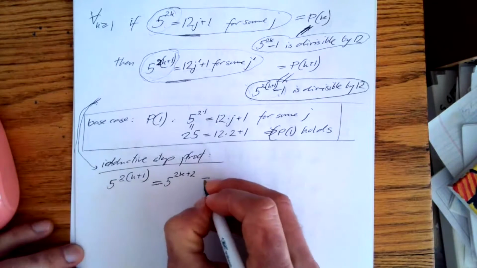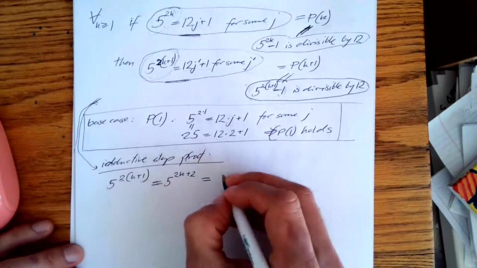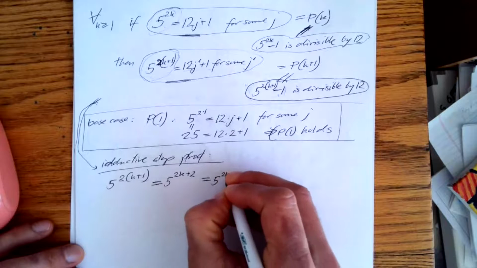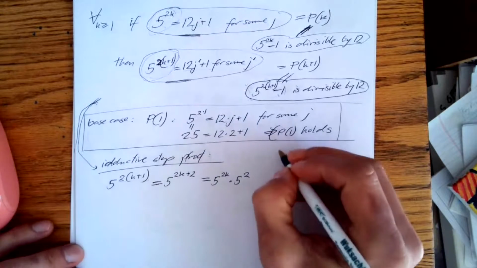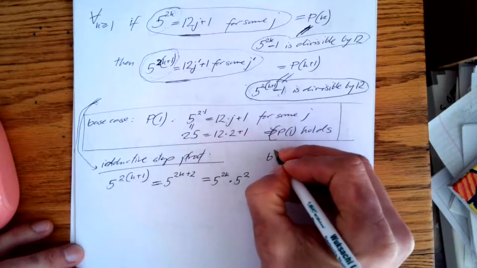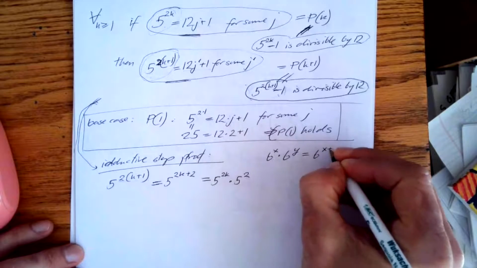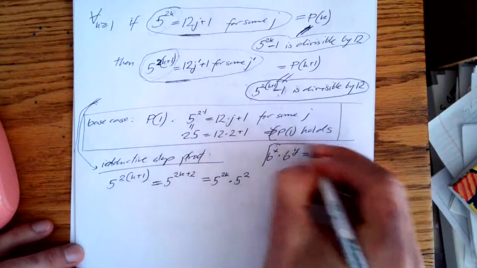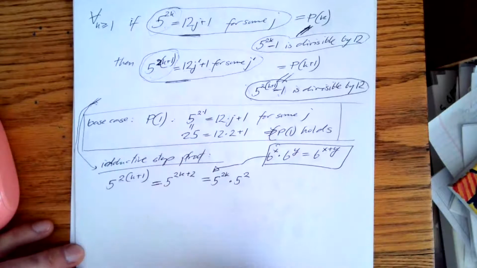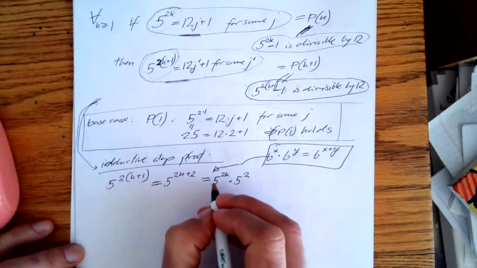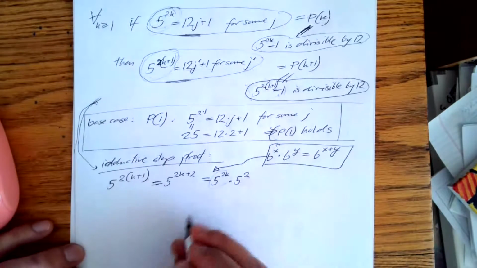When I add in the exponents, this is the same as 5 to the 2k times 5 to the 2, because base to x times base to y is the same as base to x plus y. This is the general law that I just used here. So I do see my 5 to the 2k now.